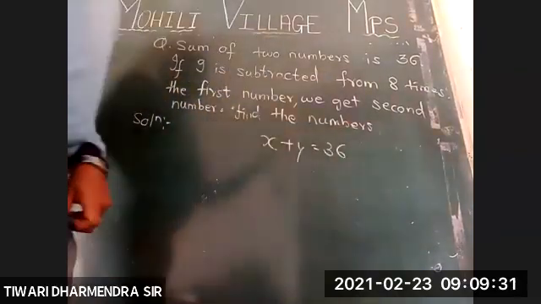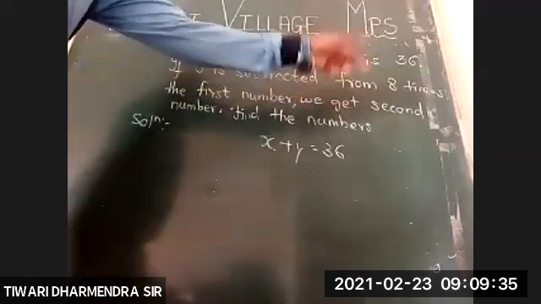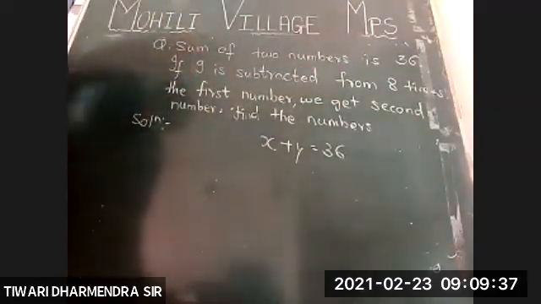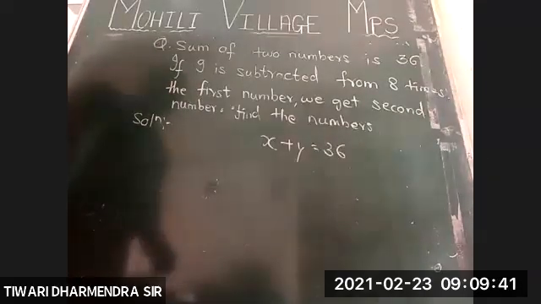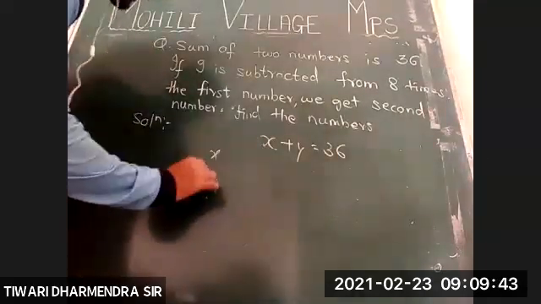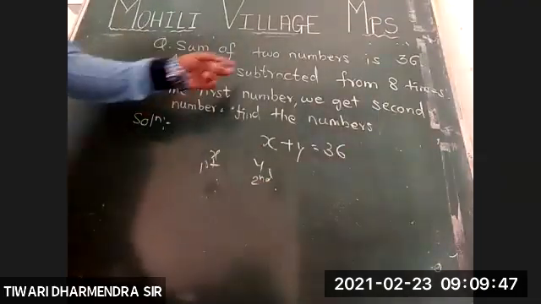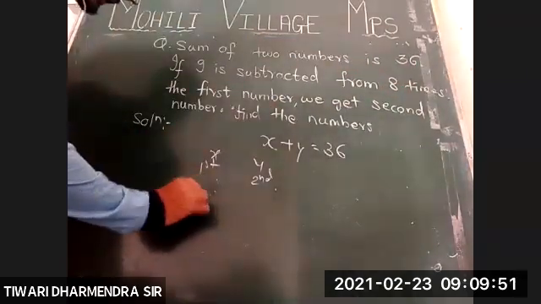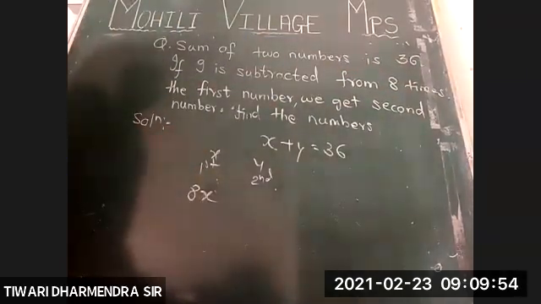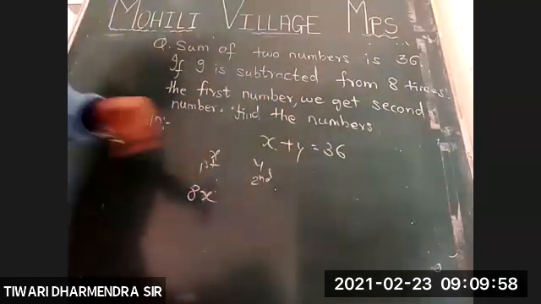We have understood this. If 9 is subtracted from 8 times the first number, what do we mean by this? Say x is my first number and y is my second number. So 8 times the first number means 8x.